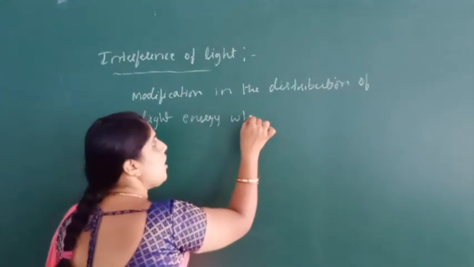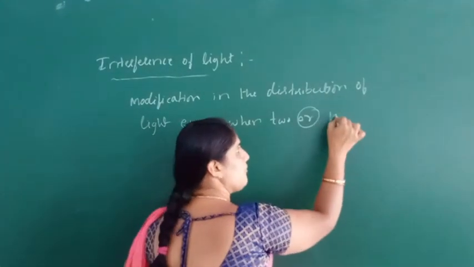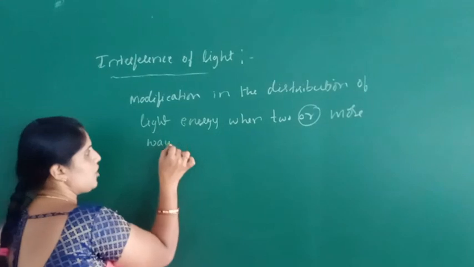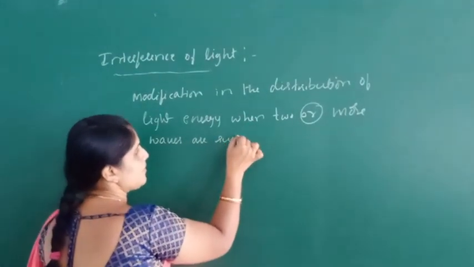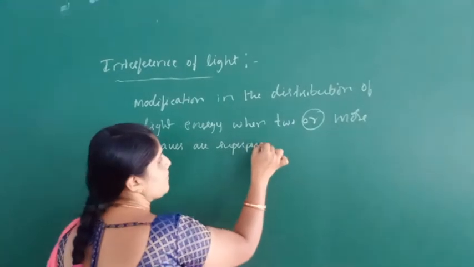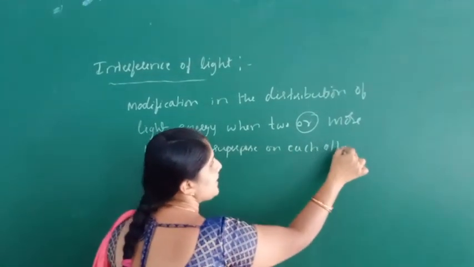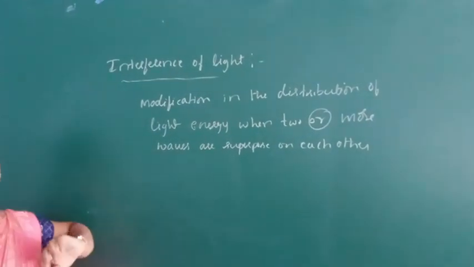When two or more waves superpose on each other, this is known as interference. So, interference is nothing but modification of light energy.